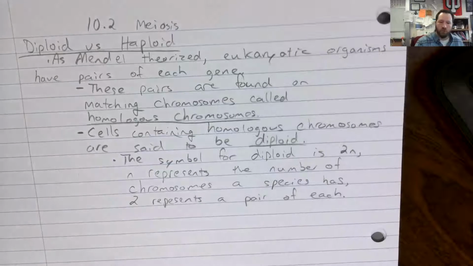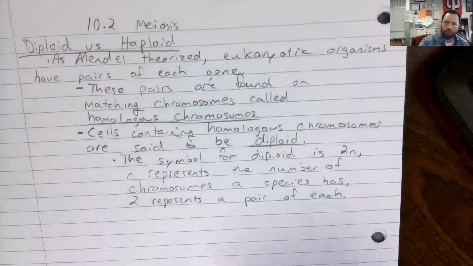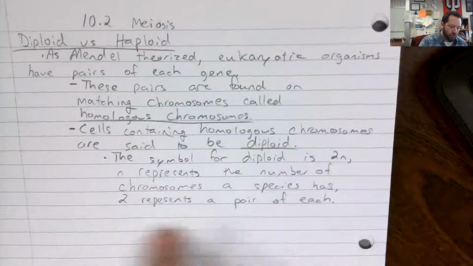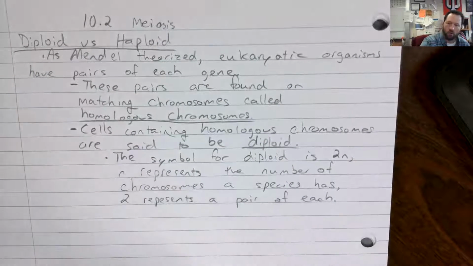And the constant 2 kind of goes along with diploid. 2, you have 2 of each of those unique chromosomes.